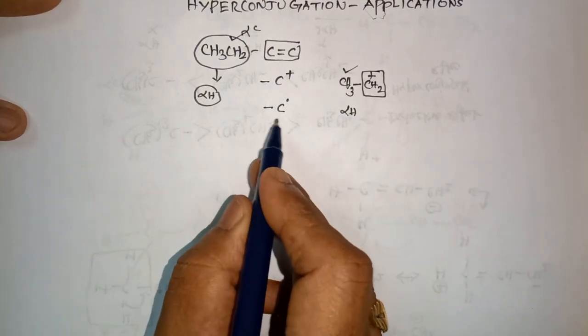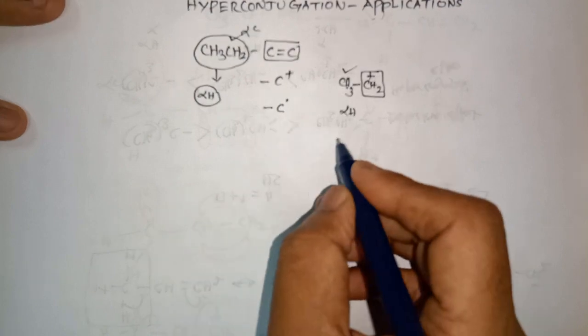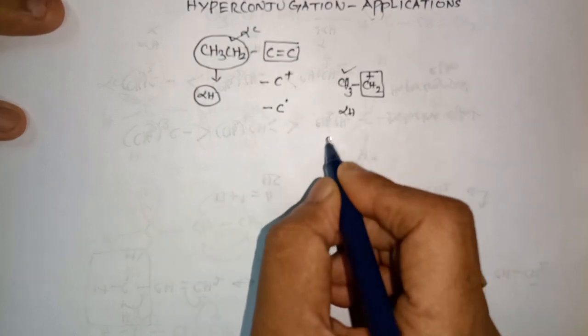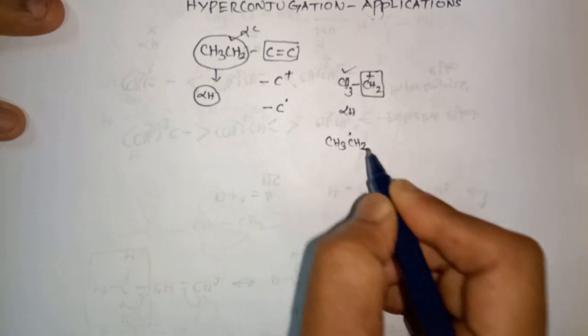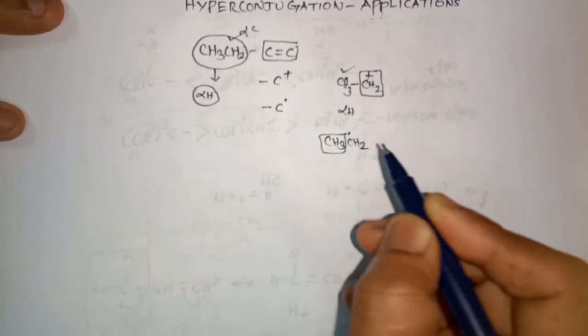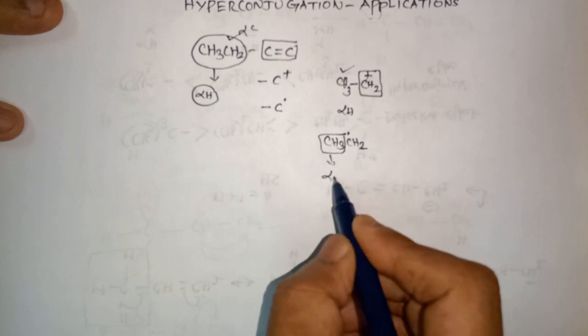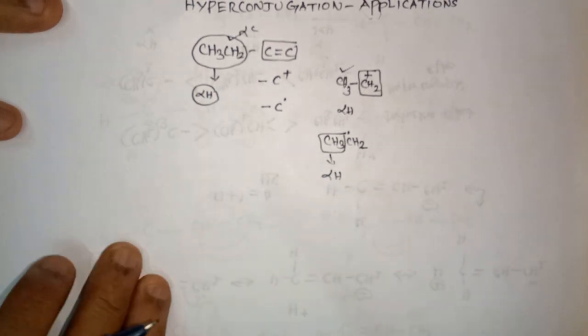Suppose I take a free radical, for example the ethyl free radical. This carbon is called the alpha carbon, and the hydrogens on this alpha carbon are called alpha hydrogens.